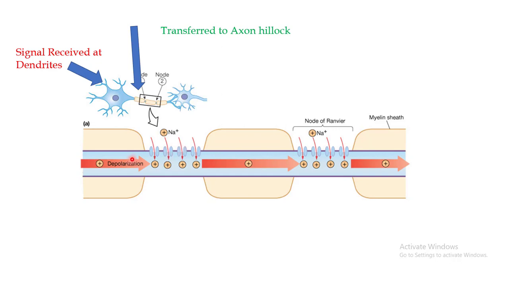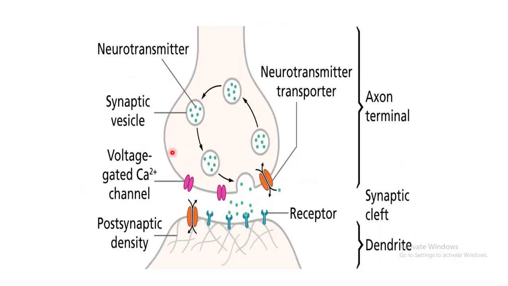So this is one of the important examples of the voltage gated sodium ion channels that open only because of changes in the voltage of the transmembrane, or you can say changes in the transmembrane potential. Another important example is the opening of these voltage gated calcium channels.